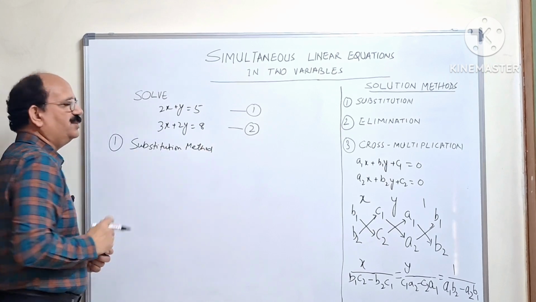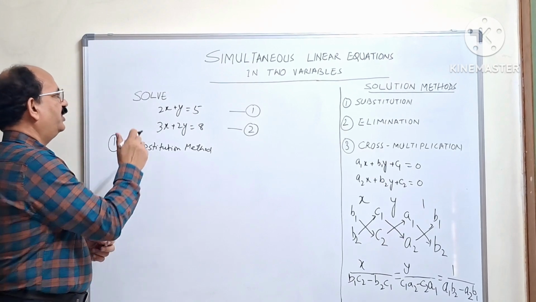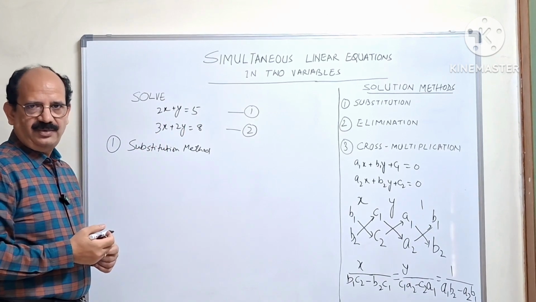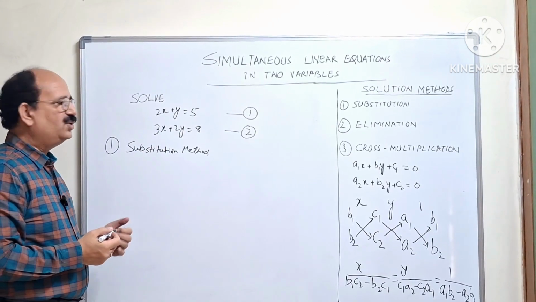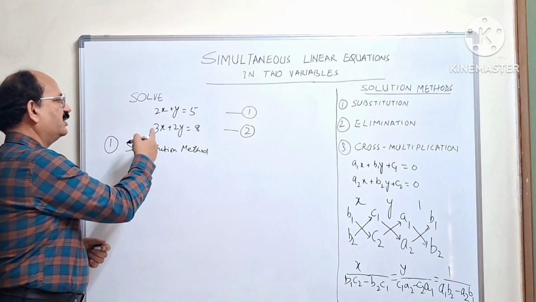So in substitution method, what you need to do is, you need to convert one variable in terms of another in one equation and then use that transformation of variable into another equation.